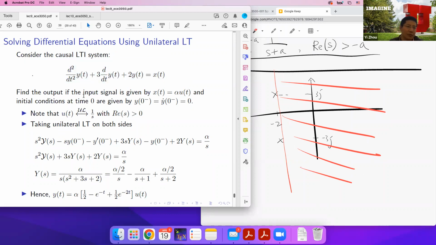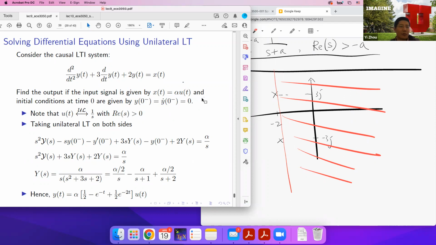Find the output if the input is given by alpha times u(t). We are given the input signal, and we are given two initial conditions of the output, which basically say that at time zero, the output is zero and the derivative of the output is zero.